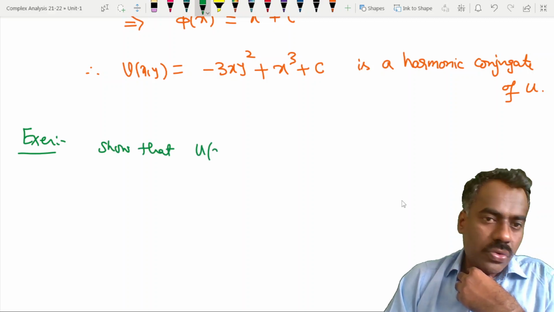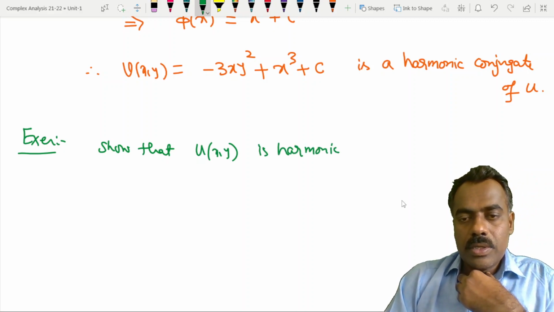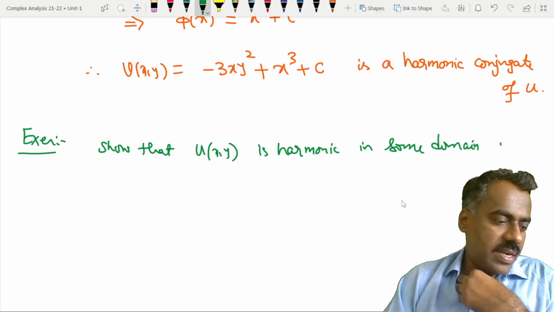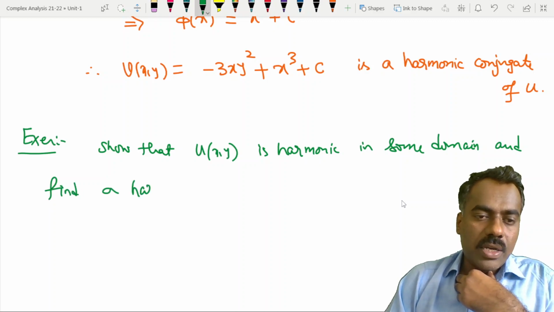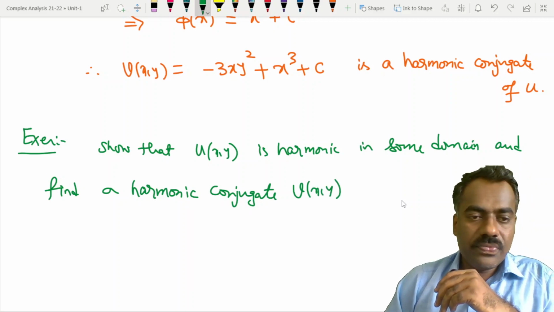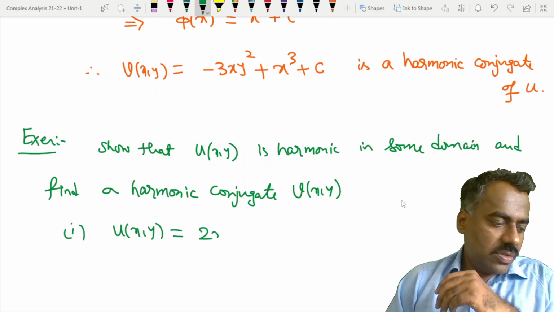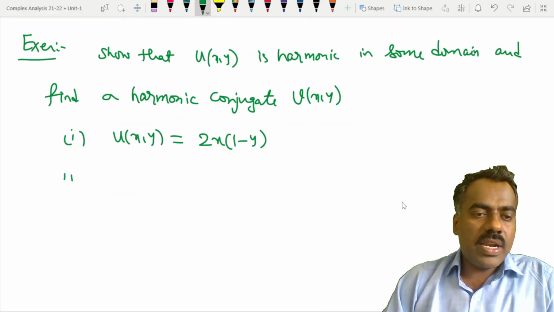Show that u of x comma y is harmonic in some domain D, and find a harmonic conjugate v of x comma y for the following: u of x comma y is 2x into 1 minus y. This you note down and you solve the problem.